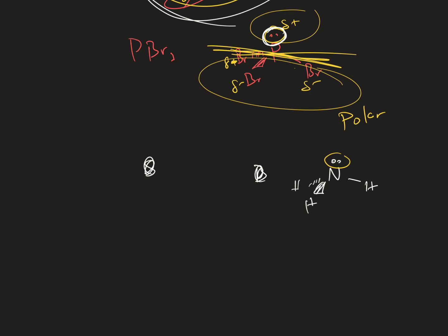What would your answer be? 2. It has 1 pair, but what does pair mean? 2 electrons. I don't like that question because we've been talking about lone pairs, so read carefully. It says how many lone electrons.